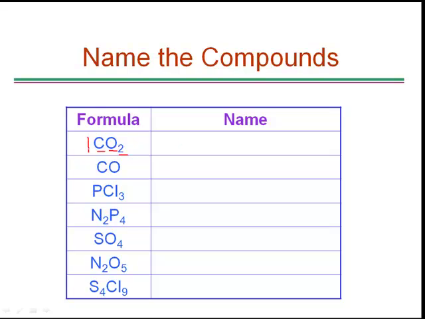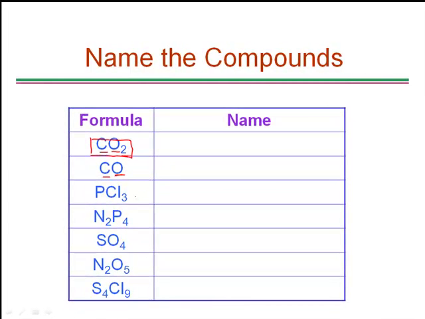So for example, this one would be carbon dioxide. The di means 2. This one, there's only one carbon, so we say carbon. We don't say monocarbon. We say carbon, and there's only one atom of oxygen in this compound, so we say monoxide, carbon monoxide.